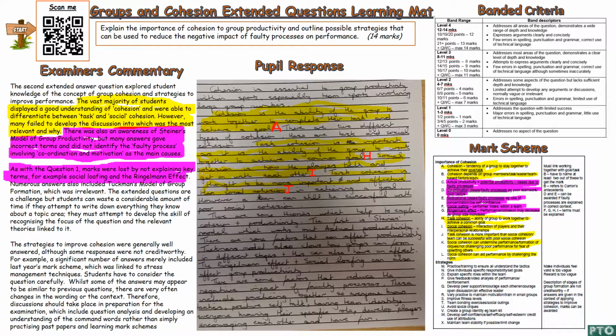There's nothing on that. It doesn't go into anything about coordination losses. It does mention social loafing, but again, there's nothing in terms of a definition. And the Ringelmann effect is mentioned, but far too vague to be crediting anything in that answer.